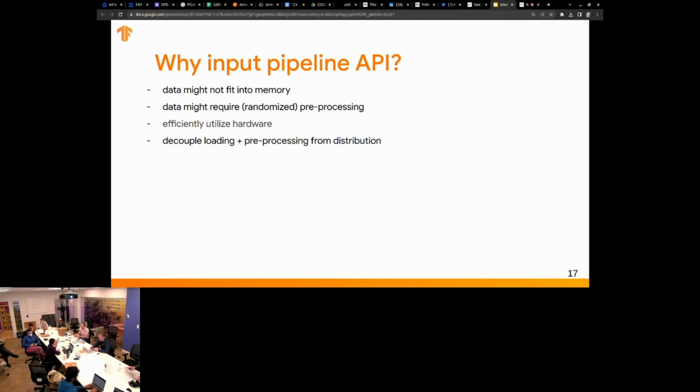And obviously, if you are not using the TensorFlow API, you do not have as efficient utilization. And there is always an entanglement between the loading and pre-processing of the data, so all of it has to happen at the same time. But with this input pipeline, all of it would be sorted out.